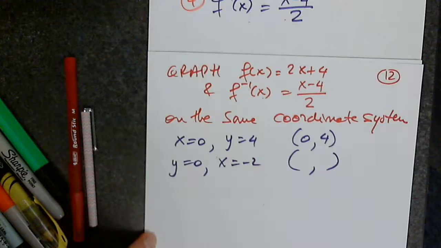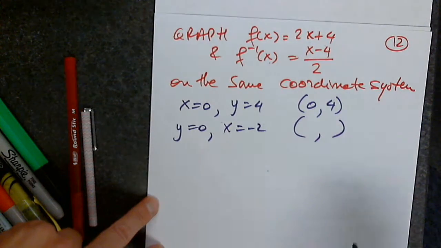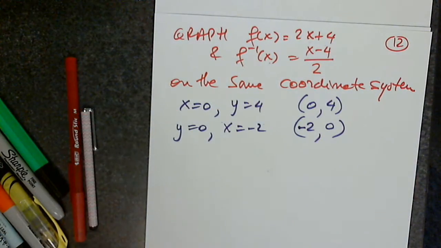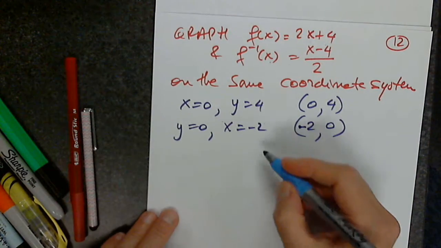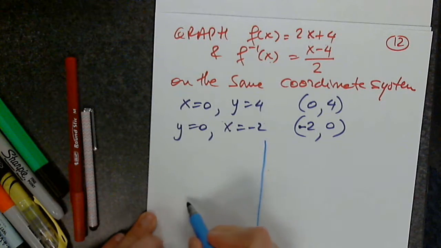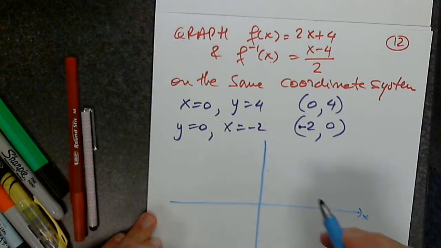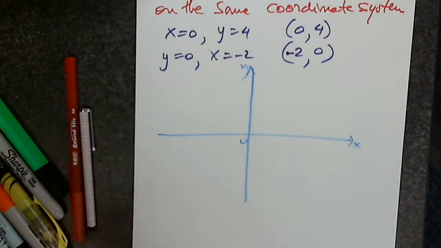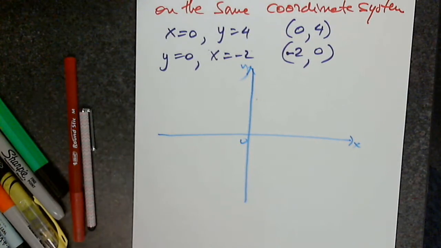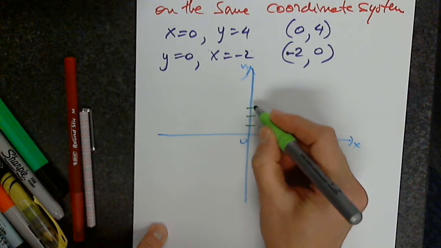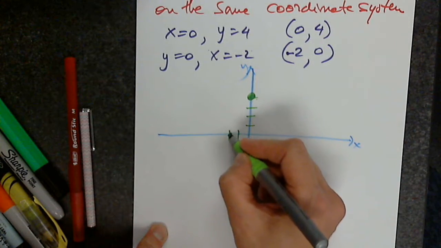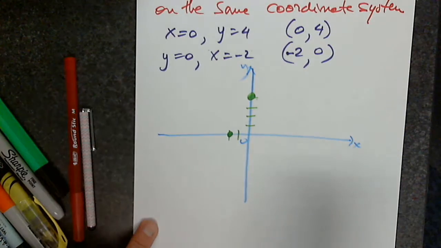And the ordered pair is? Careful. Good. So we already have two ordered pairs. Ready? 0 comma 4, correct? 1, 2, 3, 4. And negative 2 comma 0. 1, 2. And I draw the line.